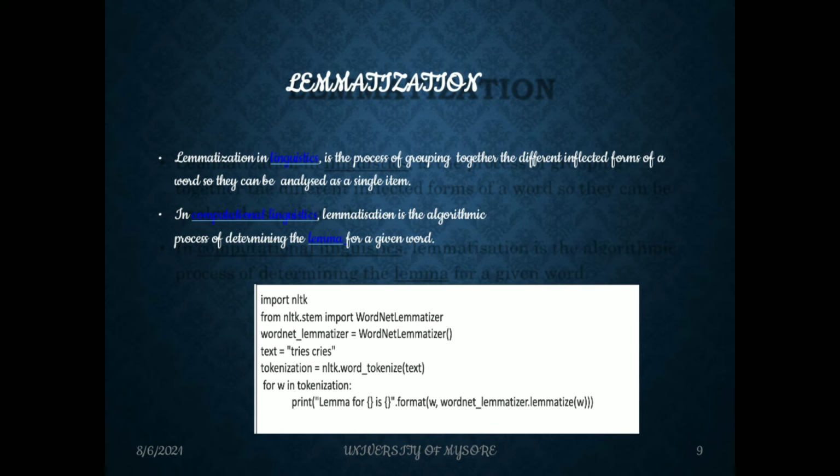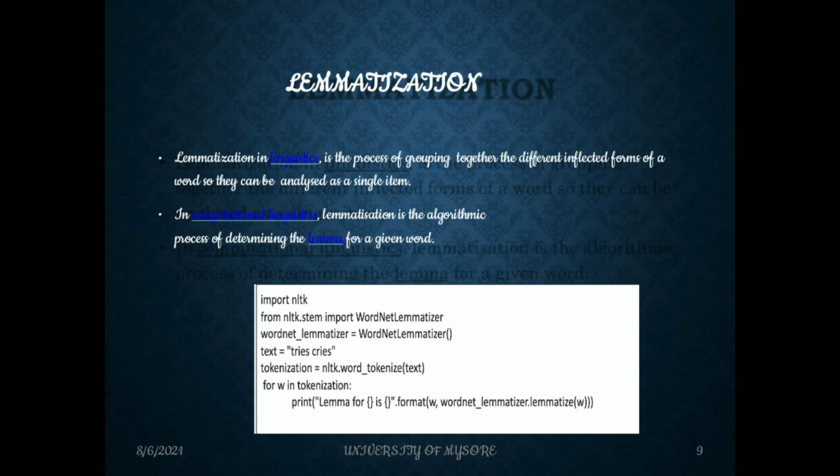Lemmatization. Lemmatization in linguistics is the process of grouping together the different inflected forms of a word so they can be analyzed as a single item. In computational linguistics, lemmatization is the algorithmic process of determining the lemma for a given word.